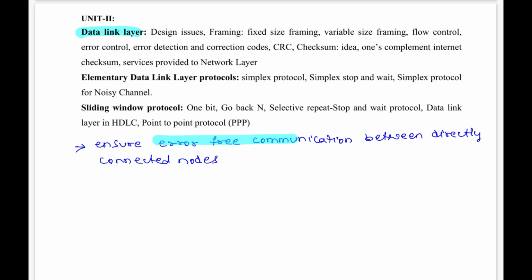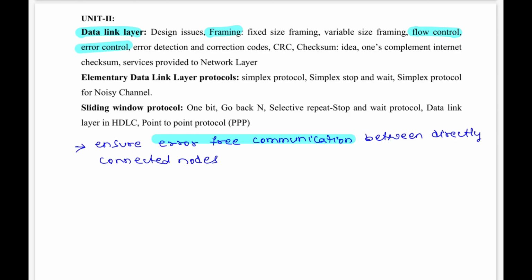So the error free communication it is going to ensure. And the design issues, what we study is framing. Framing means dividing the data into manageable frames. And flow control in the sense preventing the sender from overwhelming the receiver.